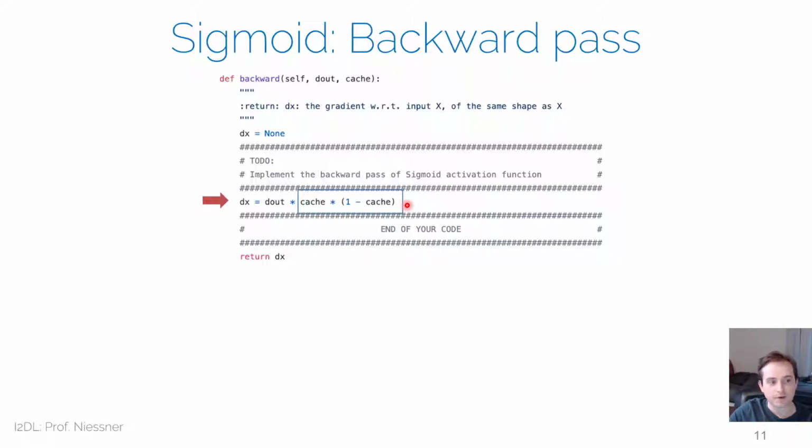Because if you remember, we said just a few slides ago that cache is simply the output of the sigmoid. So sigmoid times 1 minus sigmoid, this is exactly the derivative of the sigmoid. And the out here is the upstream derivative, and we have multiplication between them because of the chain rule.